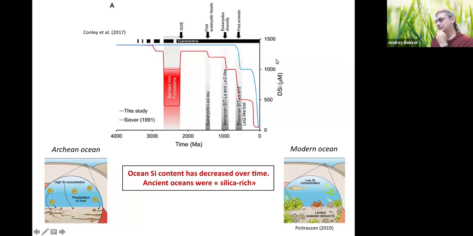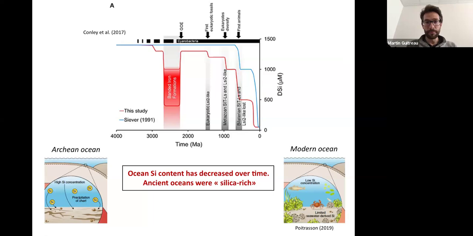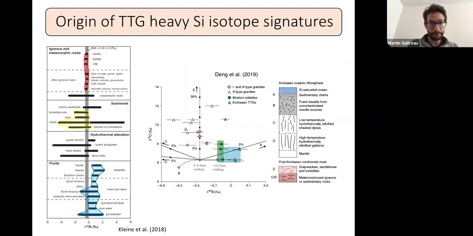So do I understand correctly that the complementary reservoir to the depleted seawater is chert? Let me get back to that. To some extent, yeah, but the continental crust, I think, plays also a huge role in the isotopic composition of the ocean.